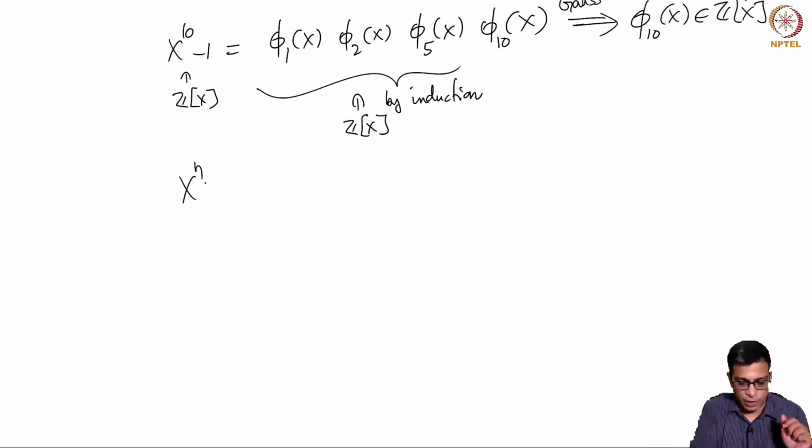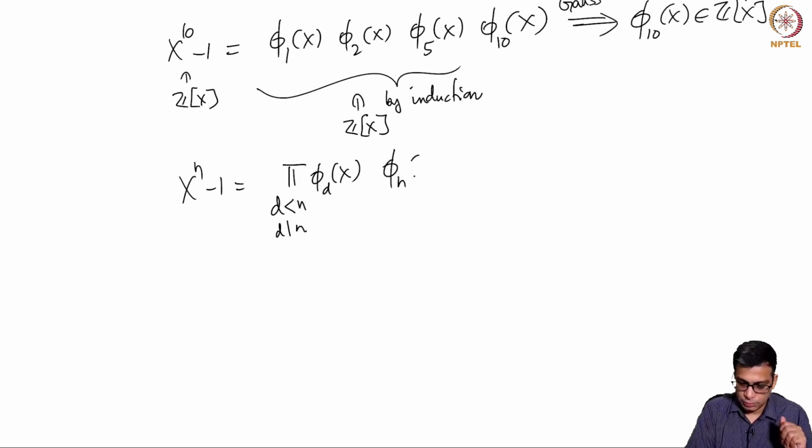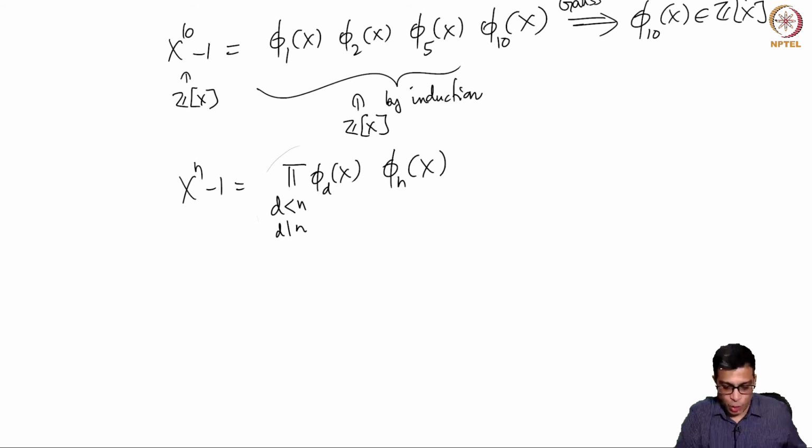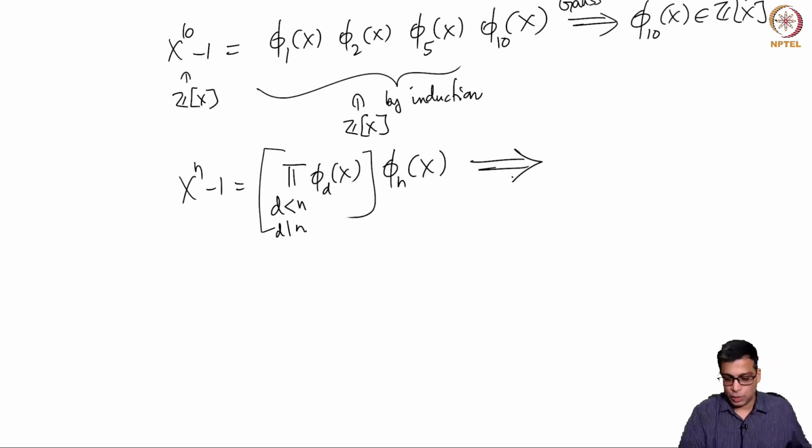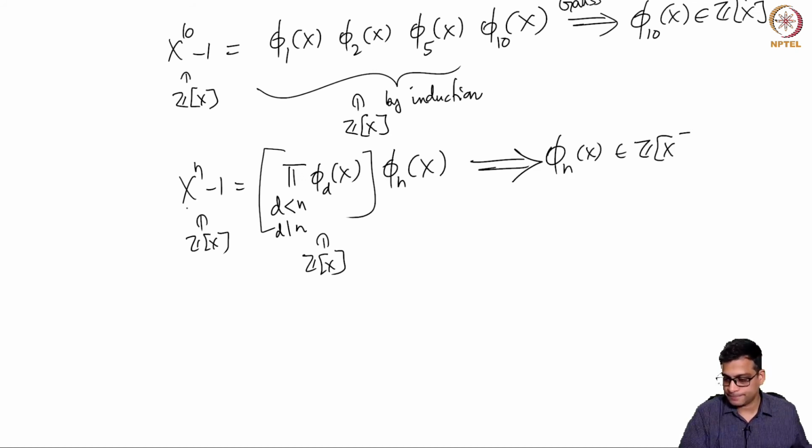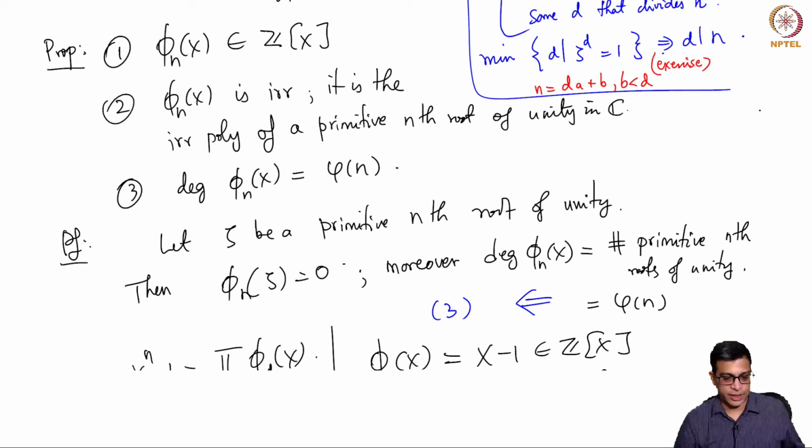Okay, so you understand the general argument. So you write this as the product of phi d for d dividing n, but d strictly less than n, and then you have phi n separately. Okay, so this is in Z[x] by the induction hypothesis, and this is of course in Z[x] on the face of it. So this means phi n x is in Z[x]. Okay, so that is statement 1.